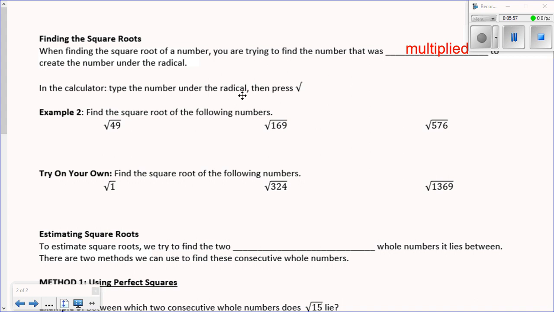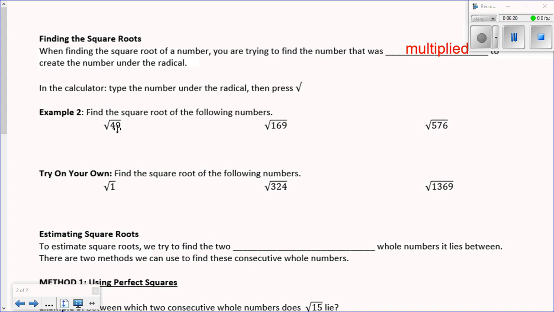So these are the calculators we have in class. Most 4-function calculators work like this. Your phone works like this. Okay? So if you need to use your phone as a calculator when you're at home, that's totally fine. You type the number under the radical first, and then you're going to press the little button, and that will square root it.